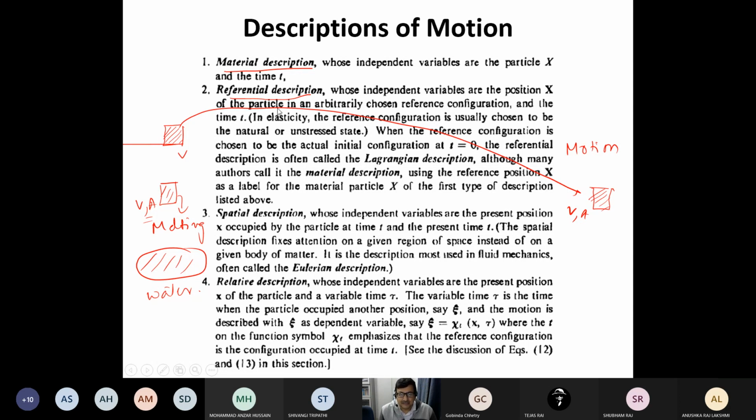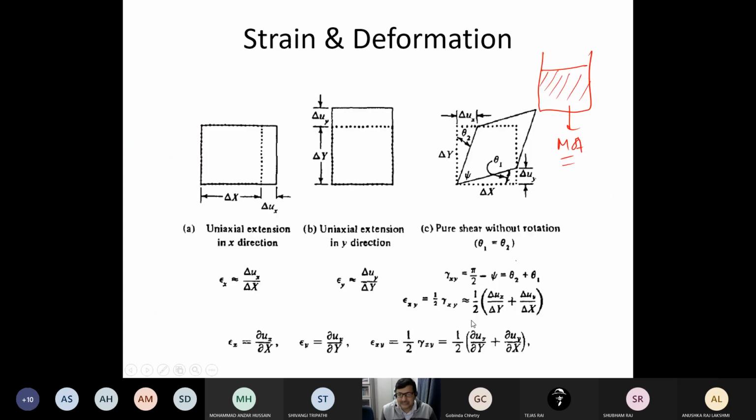For rigid bodies, you use the material or referential description, also called the Lagrangian description, where you always consider capital X, which means going back to the original configuration at t equal to 0. Whereas the Eulerian description is that I always analyze in the present, at time t, which is the small x. So these are the two descriptions of motion.